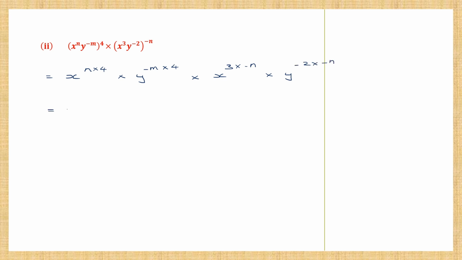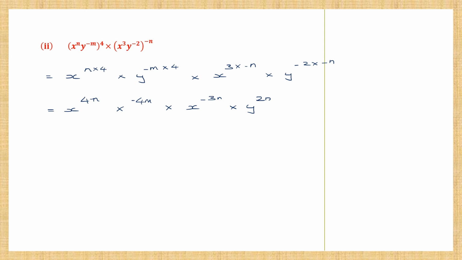So this is x to the power of n into 4 is 4n into y to the power of minus m into 4 is minus 4m into, here we can say x to the power of 3 into minus n is minus 3n into y to the power of minus 2 into minus n, minus into minus is plus, 2 into n is 2n.